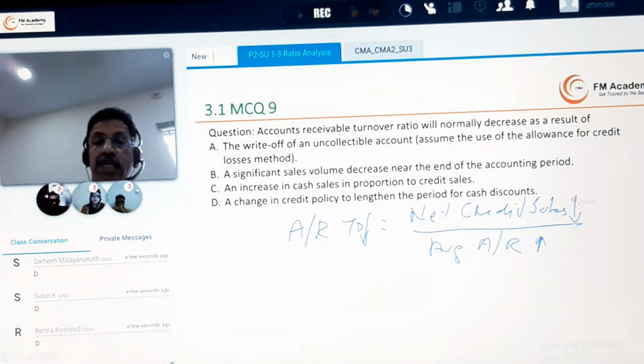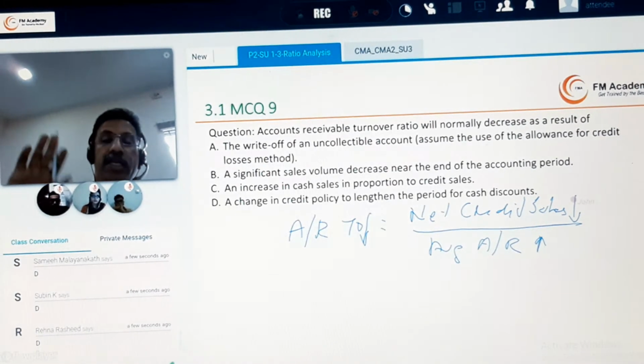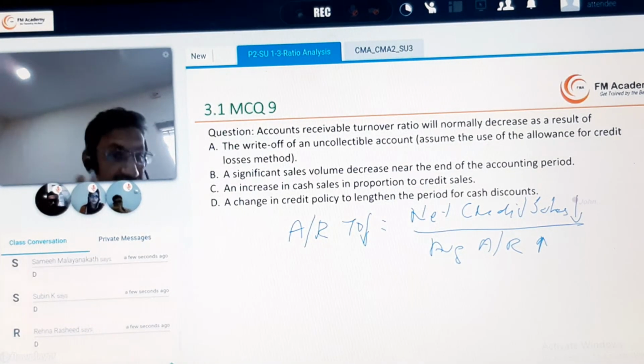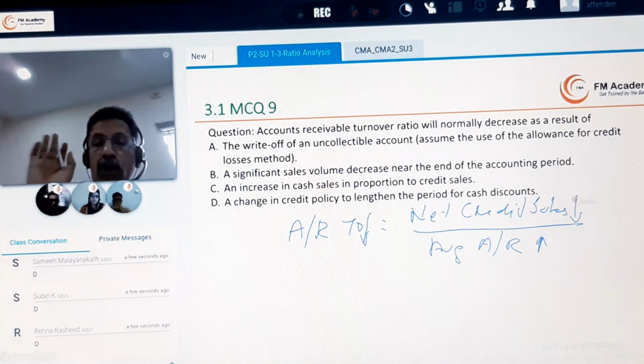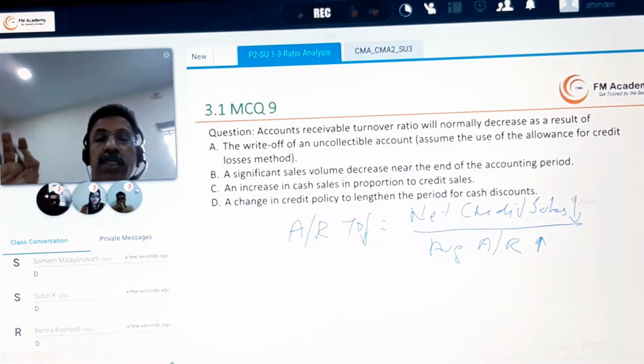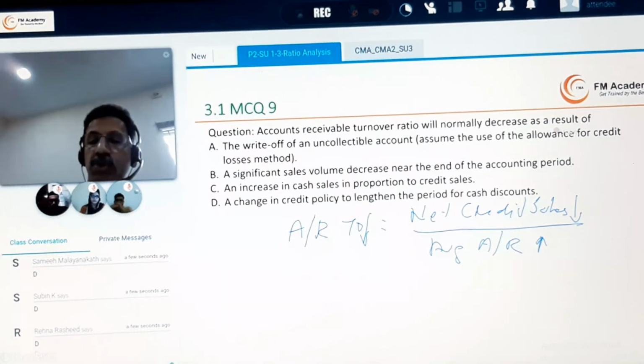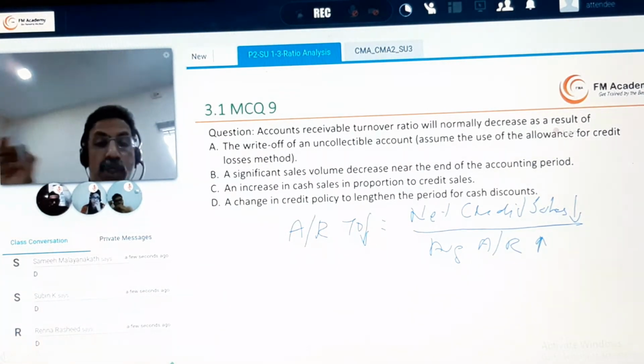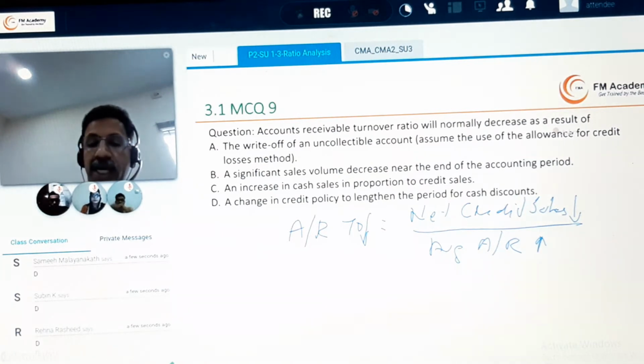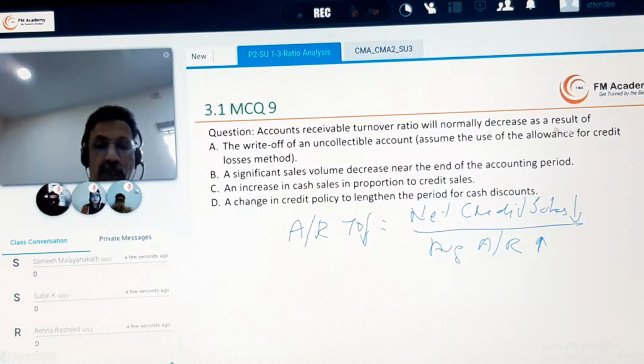But assume that this sentence is not given, then you have the benefit of the doubt that the company is going for direct write-off. But that is not GAAP. In a GAAP compliant financial statement, they are supposed to follow the allowances method. So even if you don't have it, you are supposed to assume. But they are specifically given. If they are giving that way, average account receivable will not change based on the write-off. So the ratio will remain unchanged.